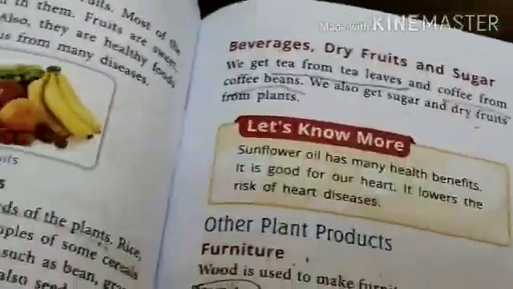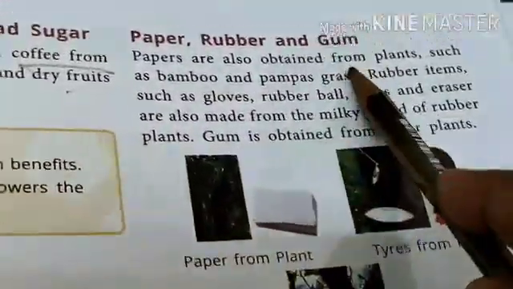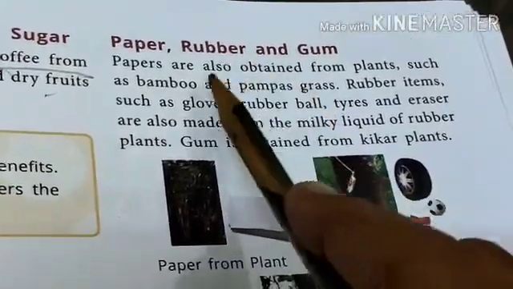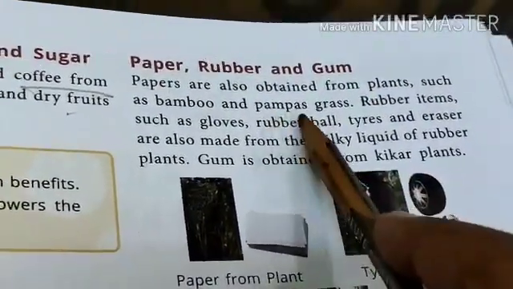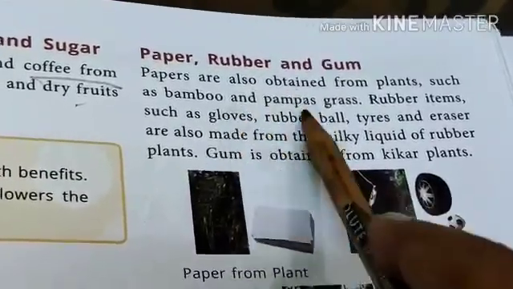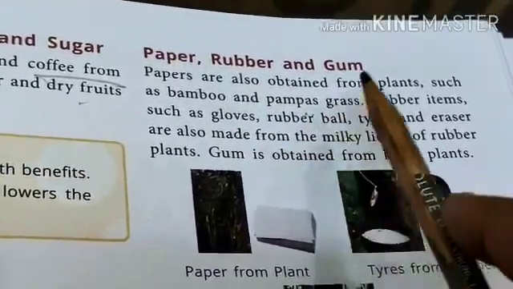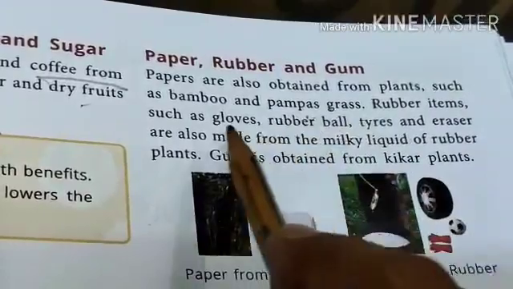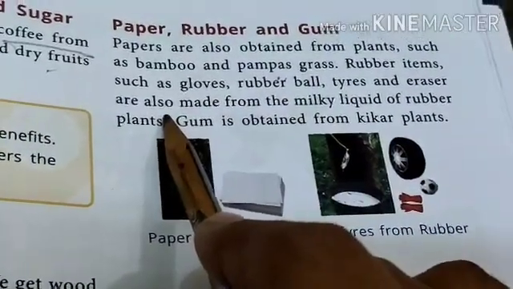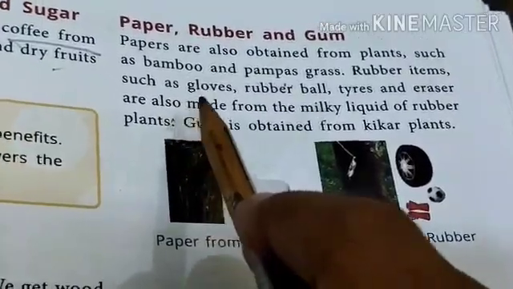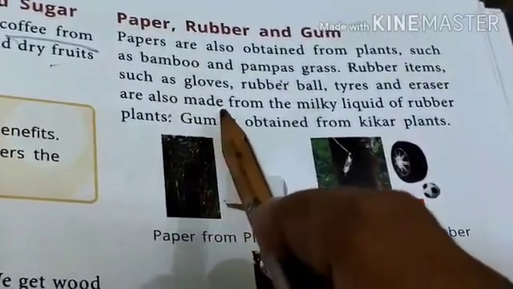Then comes the paper, rubber, gum. Paper is also obtained from plants, bamboo and pampas grass. They give us paper. Then rubber. Rubber also comes from the plant. From the rubber tree, the liquid is taken out.